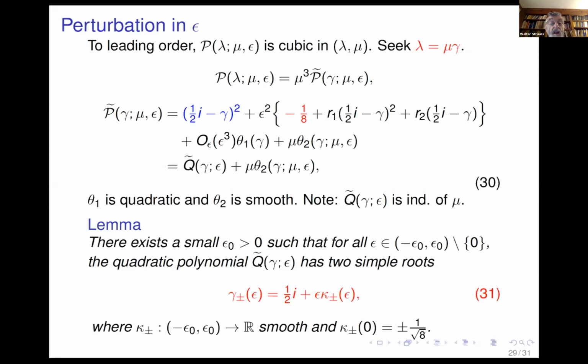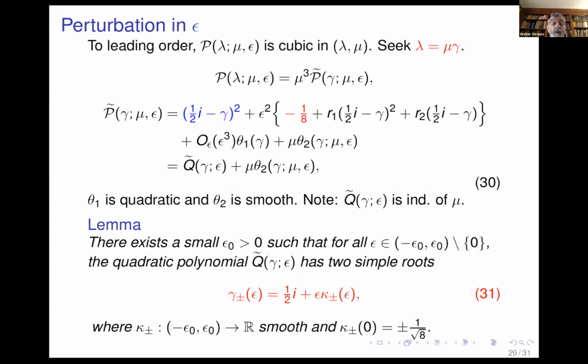We call the main terms in 30 Q tilde. Even with these other terms which are written in black in 30, you still have a root which is I divided by 2 plus epsilon times 1 over the square root of 8, and then some higher order powers of epsilon.